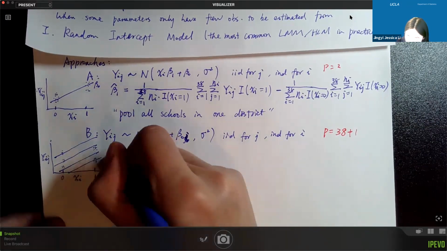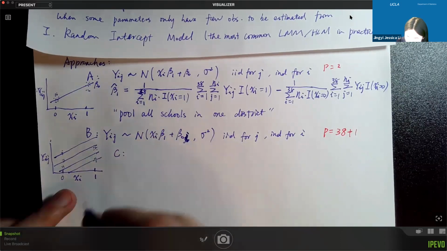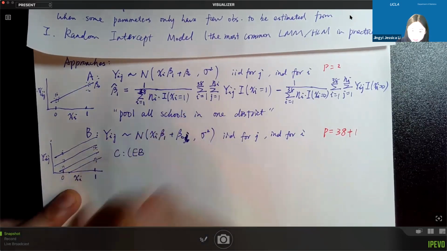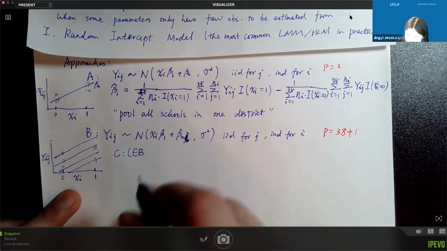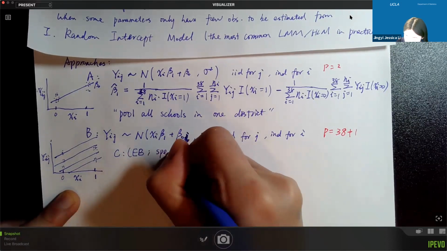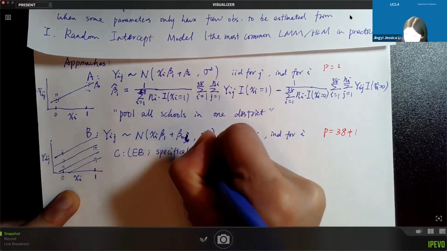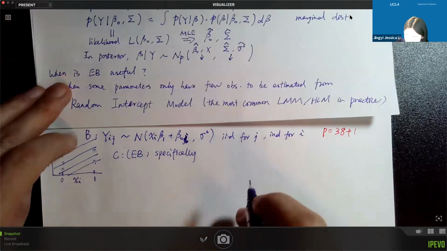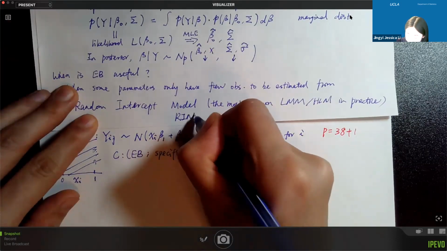Then the empirical Bayesian approach, or more specifically, the random intercept model, I'll call this RIM for short.